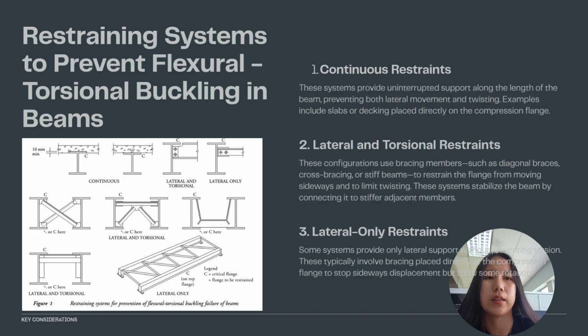Number three, lateral only restraints. Some systems provide only lateral support without preventing torsion. They typically involve bracing placed directly at the compression flange to stop sideways displacement but allow some rotation.